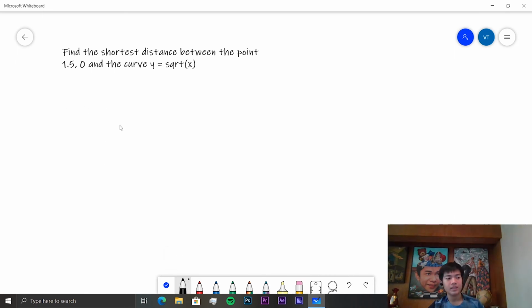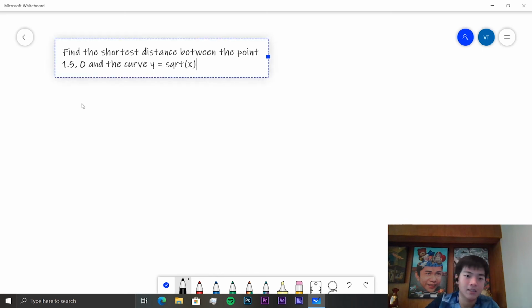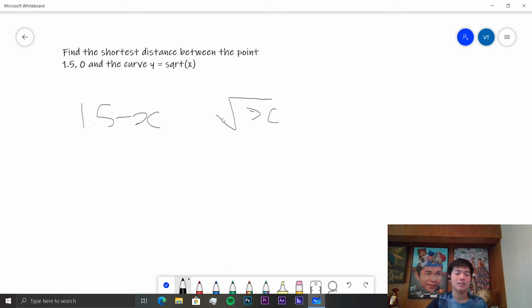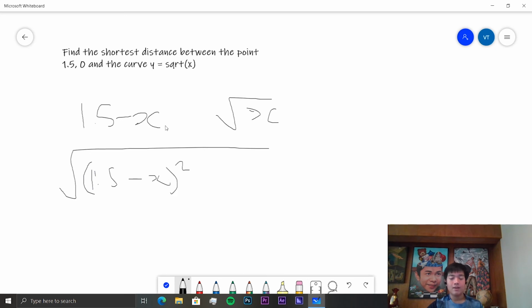So the x difference will be the absolute value of 1.5 minus x, and the y difference will be the square root of x minus 0. So just the square root of x will be the distance in y. And to find the shortest distance, we need to find a function that expresses this distance, and we can use the Pythagorean theorem: (1.5 minus x) squared plus square root x squared, which is x.